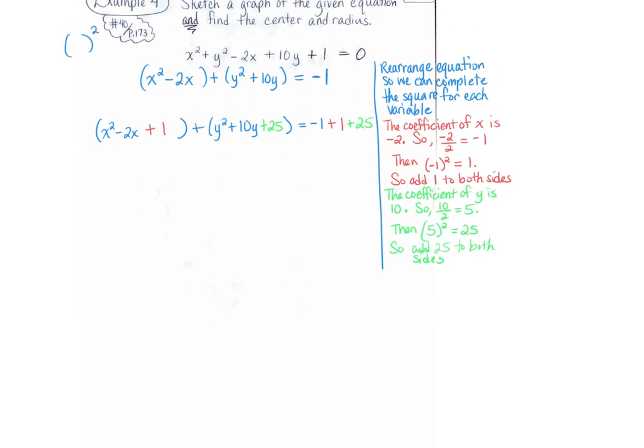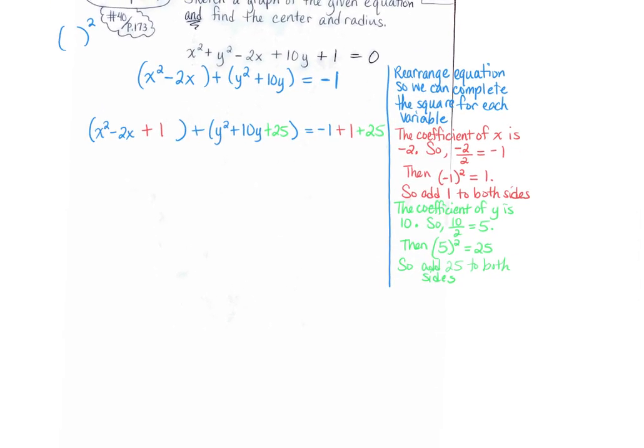Yes. Okay, so now we did the work so we can put this as a perfect square. So we can write something squared plus something squared equals what? What is the right side going to simplify to be? 25, good. Whatever you get before you square it is going to go right there.